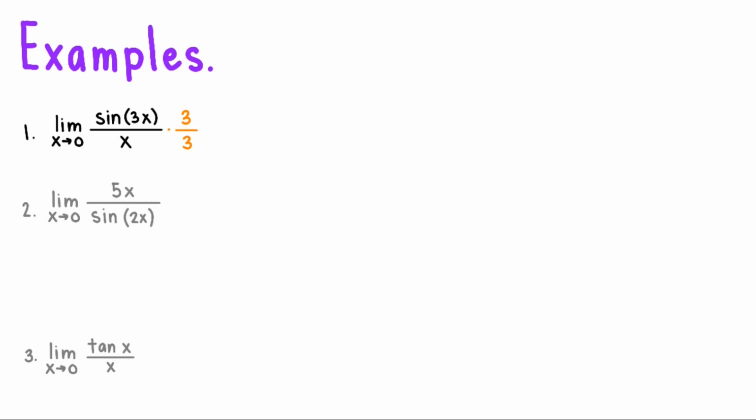And so we'll obtain the limit of 3 times sine of 3x over 3x as x approaches 0. And now, observe here that if we focus our attention on this one, this is already similar to our special trigonometric limit, but we'll make that more obvious later on.